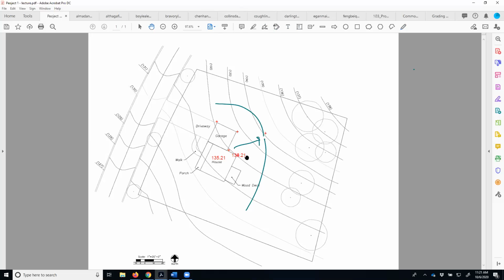Let me move that so we can actually see it. Okay, so that gets us down to that elevation.